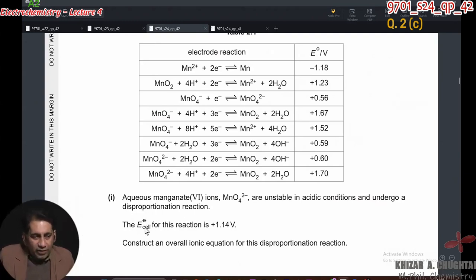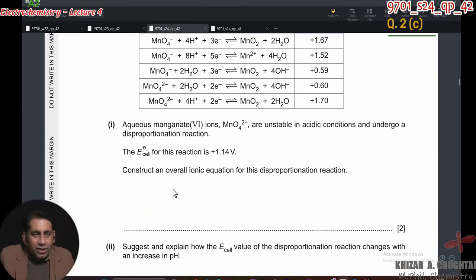For that reaction, the E naught of the cell is equal to plus 1.14 volt. He is asking to construct an ionic equation for this disproportionation reaction.